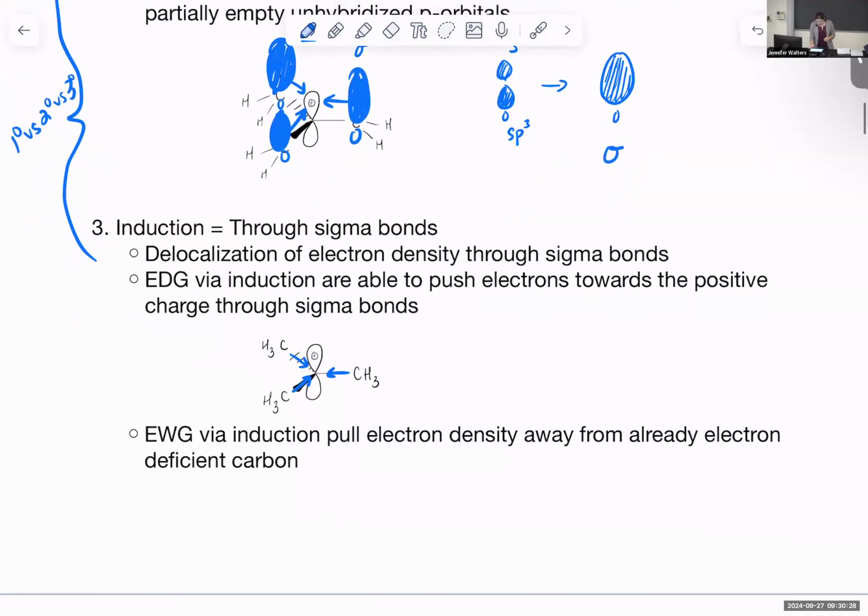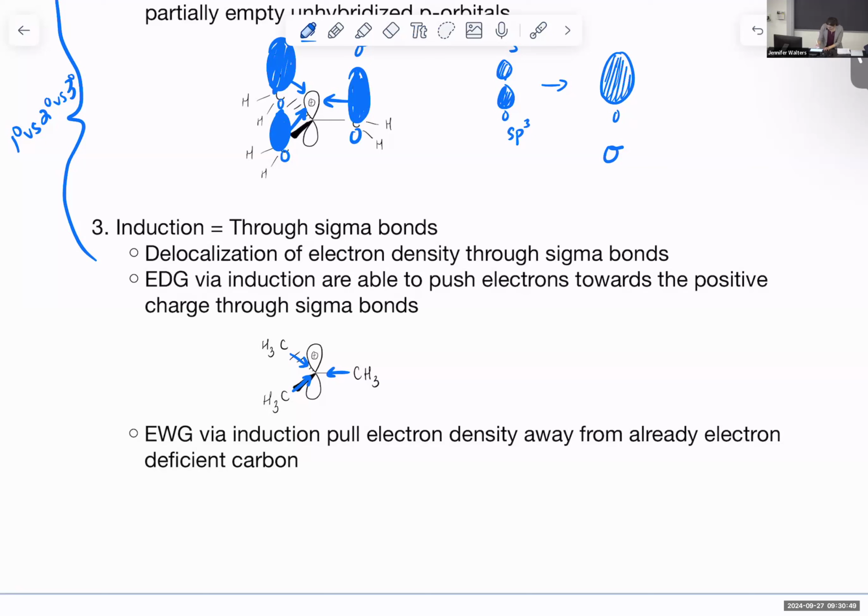Electron withdrawing groups are going to destabilize our positive charges because they're going to pull electron density away. So this induction via electron withdrawing groups, that's the induction that we talked about when we were looking at our acid and base reactivity, because we only really looked at it from the standpoint of an electronegative atom.